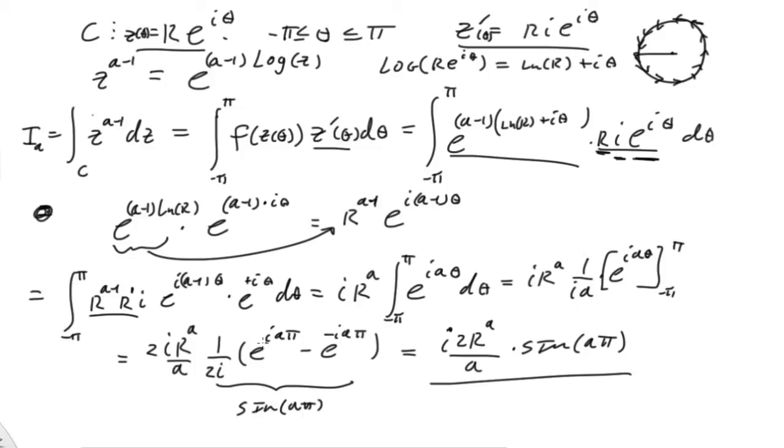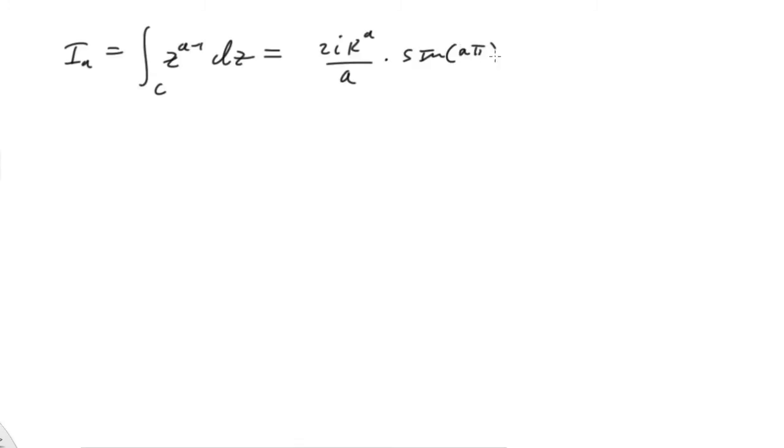Okay, so I'm going to go to a next page here. So let's rewrite our result. I_a is equal to the integral over C, this closed contour, of z to the a minus 1 dz. And we found that was equal to 2i r to the a power all over a times sine a pi.